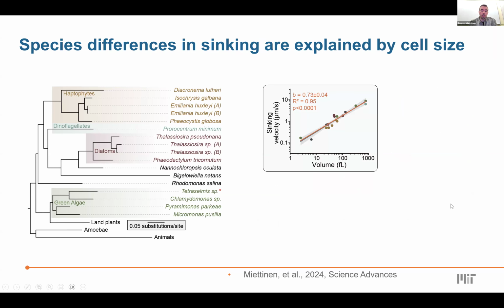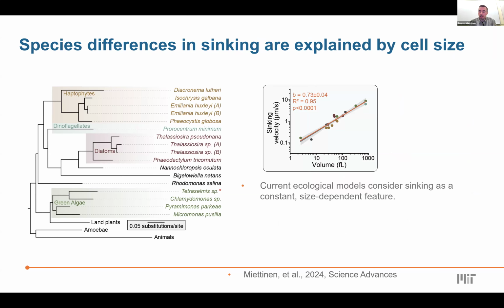If you correlate sinking velocities with cell volumes, you get a very good correlation over these very large size scales. The way to think about this is that there's only so much that the density of a cell can vary. So over very large size scales, you can understand the sinking of a particle just based on studying its size.